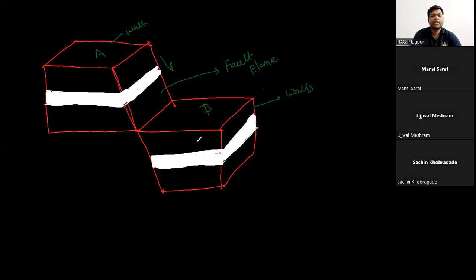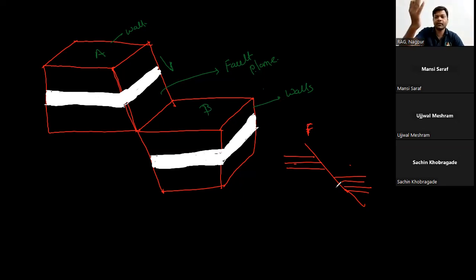Any wall or any block which lies above the fault plane, say if this is the fault plane, anything above the fault plane will be hanging wall, and whatever is below the fault plane will be footwall.